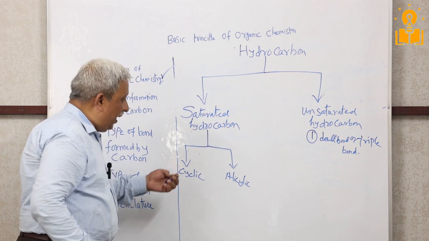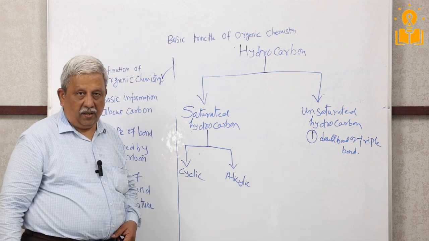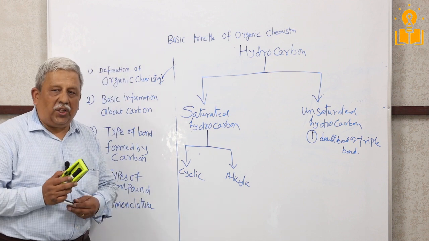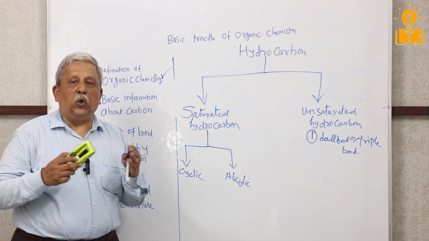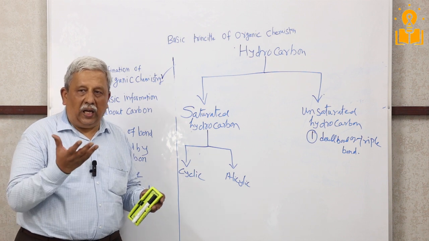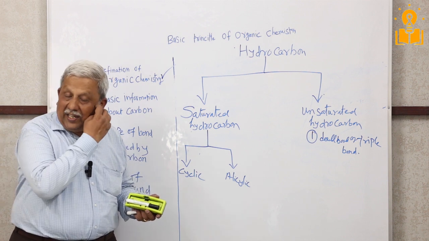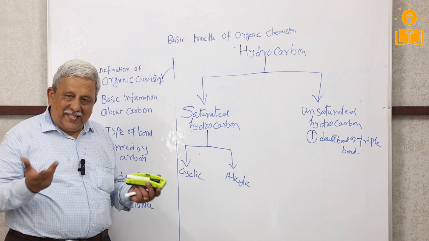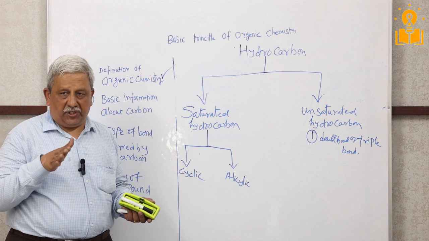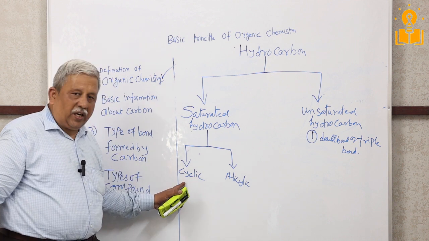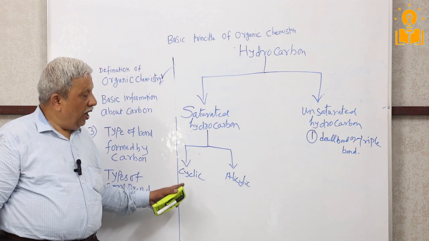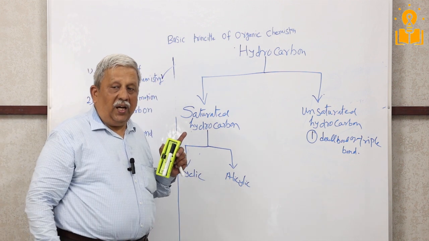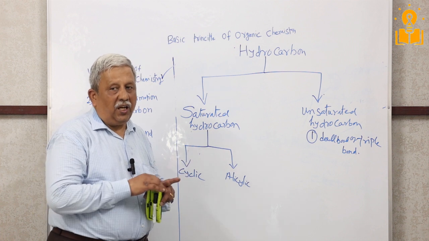What do you mean by cyclic and what is alicyclic? Cyclic compounds are those compounds in which both ends of the chain are closed. For example, a triangle, rectangle, or hexagon, where all sides are closed. That type of compound is called cyclic. When the chain ends are open, it is called alicyclic or open chain compounds.